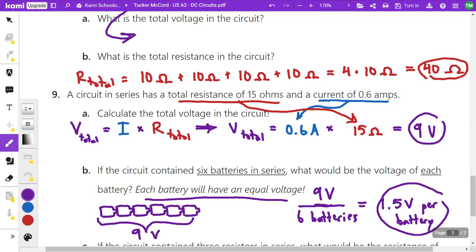AA's, AAA's, C batteries, D batteries are all 1.5 volts based on the chemical reaction that drives the electrons through them. If you're dealing with a D battery versus a AAA battery, the only difference is that the D battery is bigger because it holds more reactants to make your reaction happen. So you can essentially have that battery last longer.